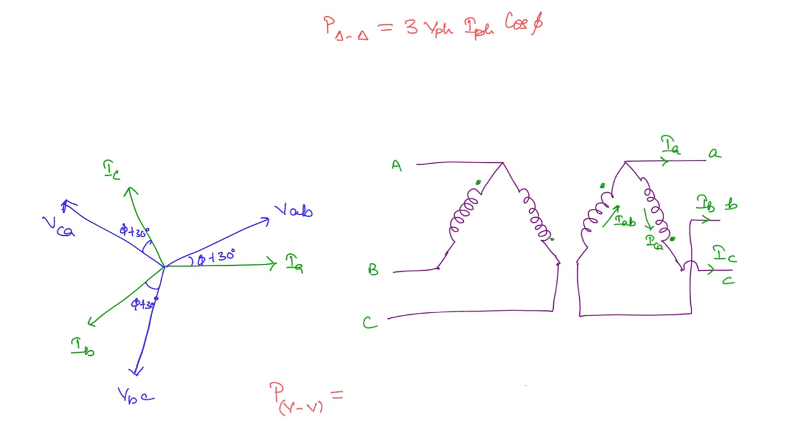First we will take this winding, this is the first winding and this is the second winding. What will be the power delivered by the first winding? This is the magnitude of current IAB into the voltage VAB, and now what is the phase between IAB and VAB? You can see that IAB is nothing but simply minus IB.